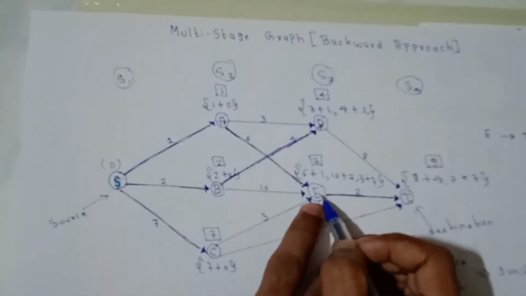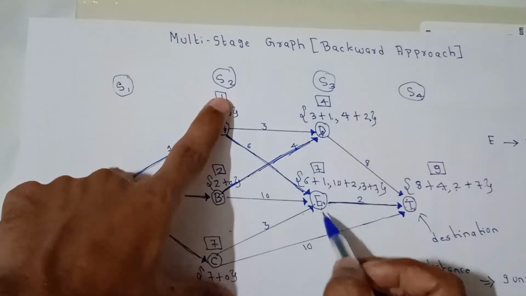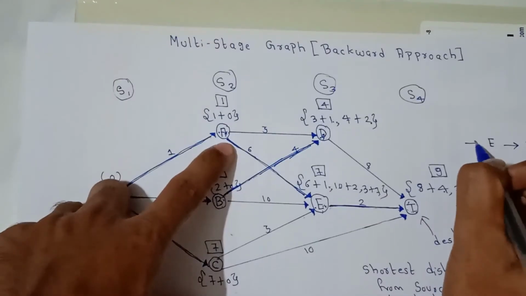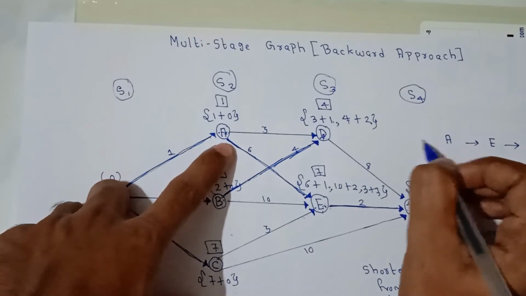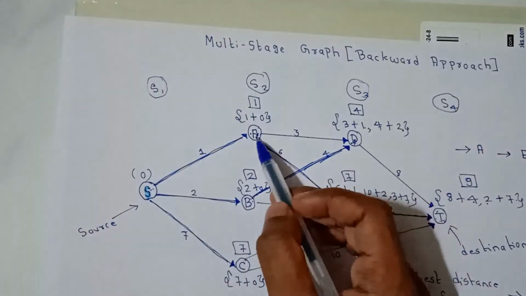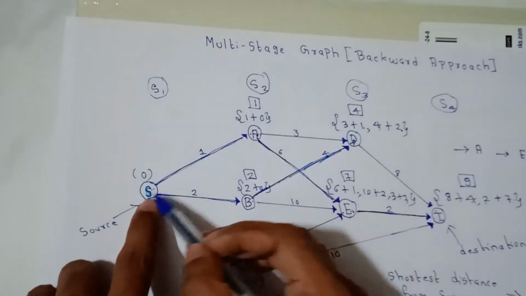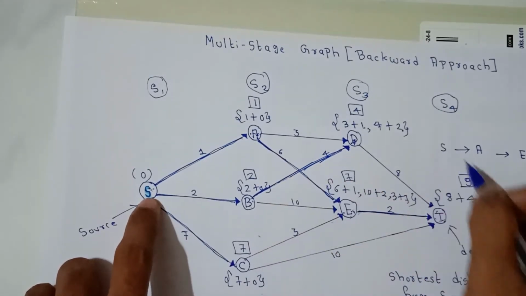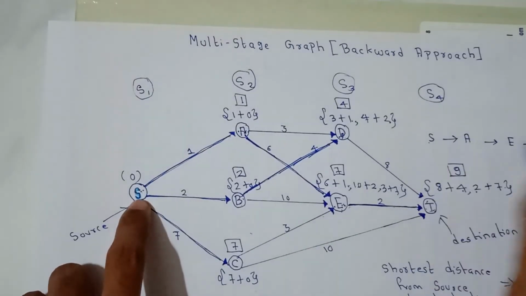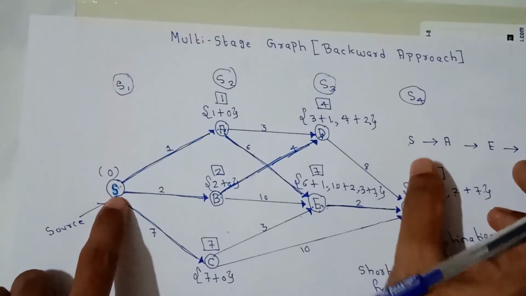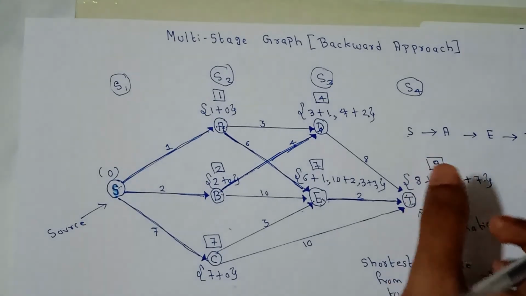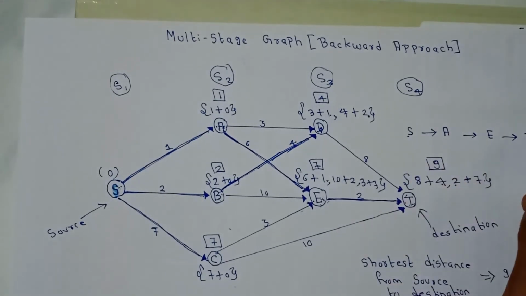For reaching E node from stage 2 to stage 3 we have this dark path, that is A to E, so we will write here A node. For reaching A from the S node, this is the path, that is S to A, right? So this is the path from source to destination, which will give the shortest path from source to destination.